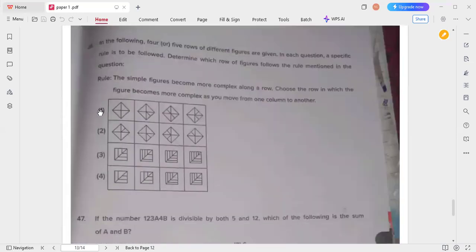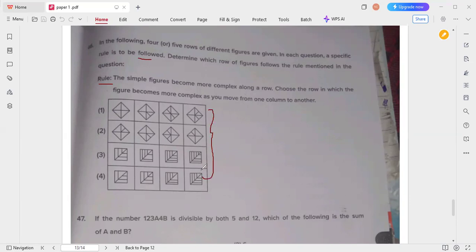In the following 4 or 5 rows of different figures are given. In each question, a specific rule is to be followed. Determine which row of figures follows the rule mentioned in the question. So the rule is what? The simple figures become more complex along a row. Choose the row in which the figure becomes more complex as you move from one column to another. Just compare these rows, okay?